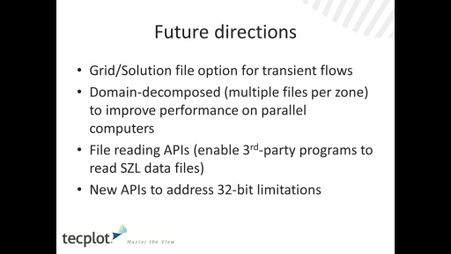We'd like to have better support for that so that you can have multiple nodes writing different pieces of a single zone, as separate files, but still all come together as a single zone in 360. To do that, of course, we'll have to address the 2 billion cell per zone limitation within 360, and also implement the multiple files per zone format as an extension of the current SCPLT format.